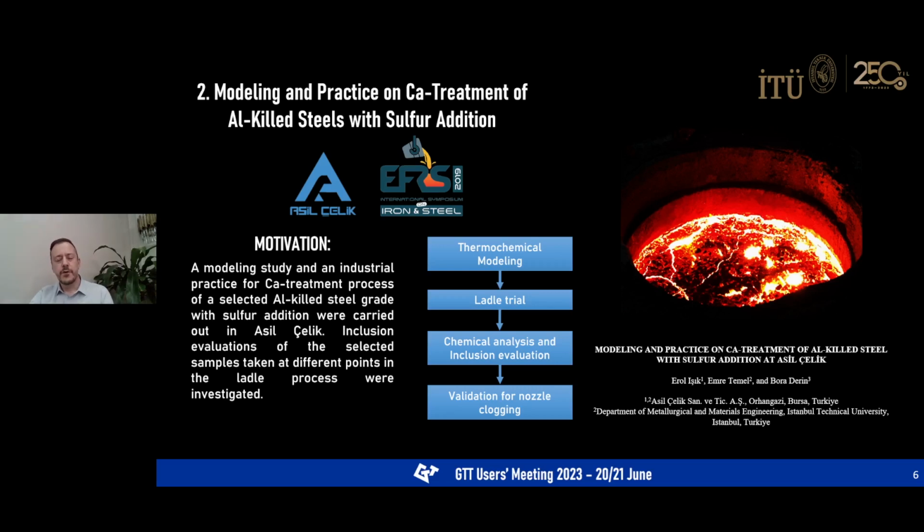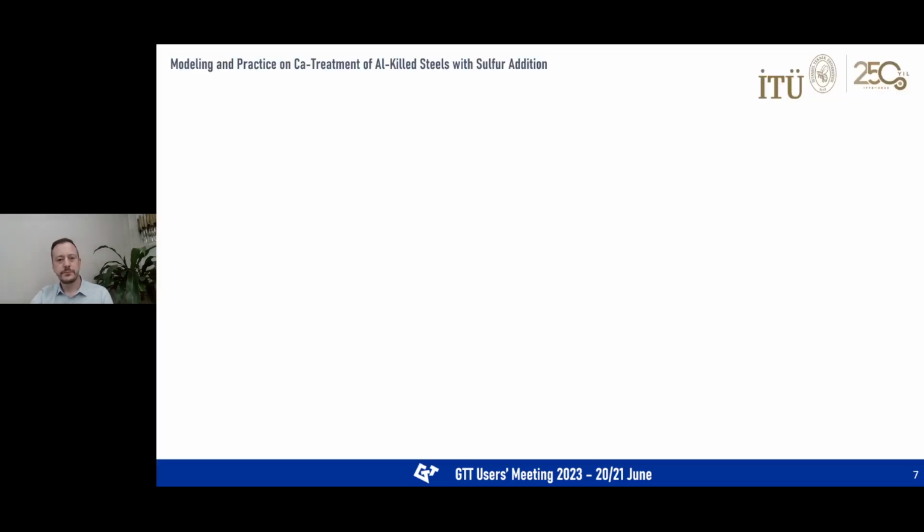For this aim, first thermochemical calculations were performed by FactSage to calculate the required amount of calcium silicon wire to prevent the nozzle clogging and to predict the evolution of inclusions after calcium treatment. Then, an industrial trial was carried out for the selected steel grade.